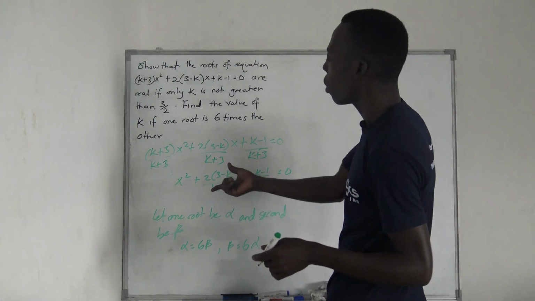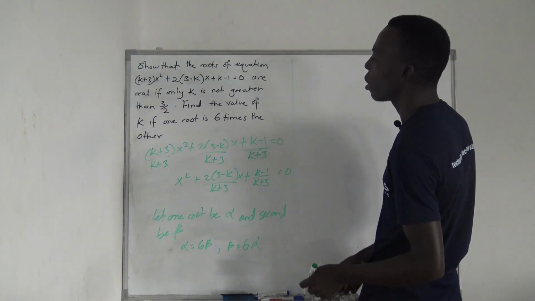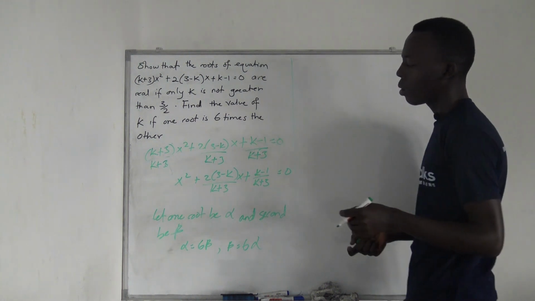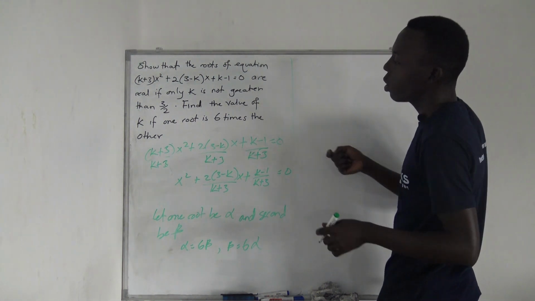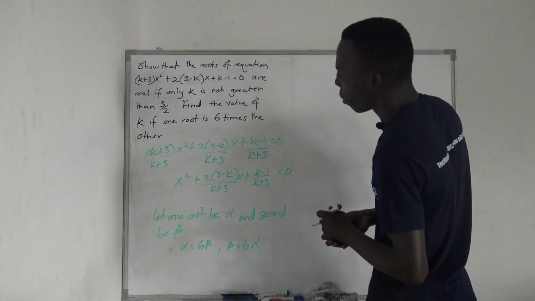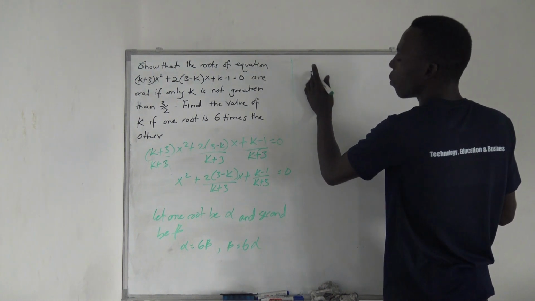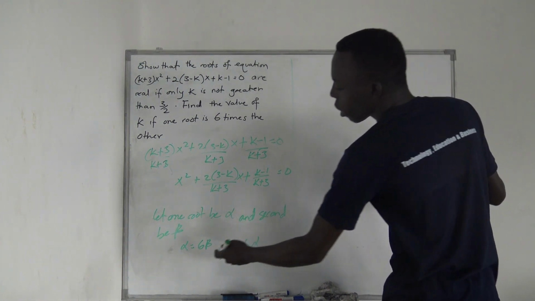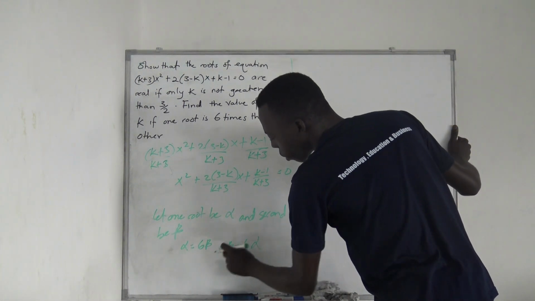So now we have to get the sum and the product, because we have to get the value of k for that scenario. For this case, having this one, we first bring this one this side and this one the other side.